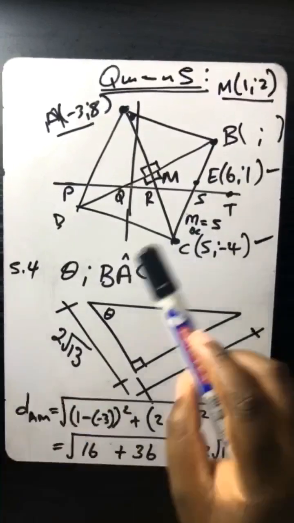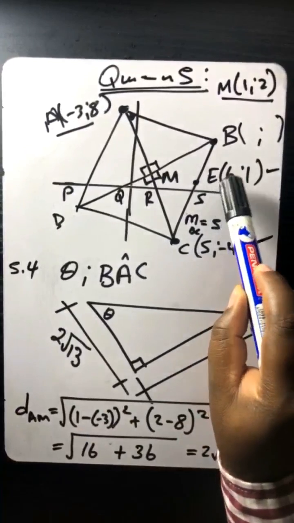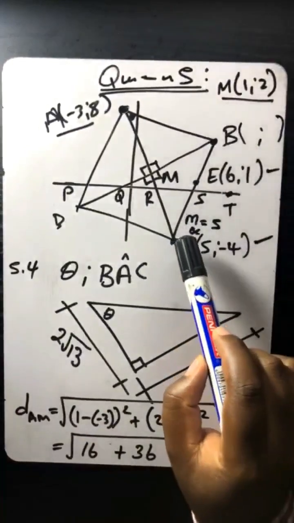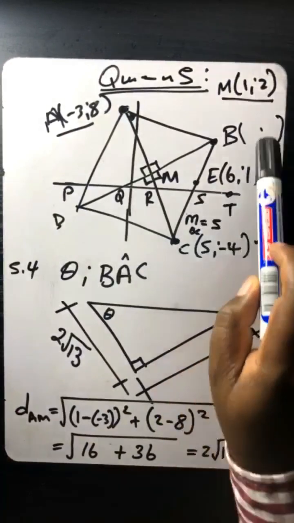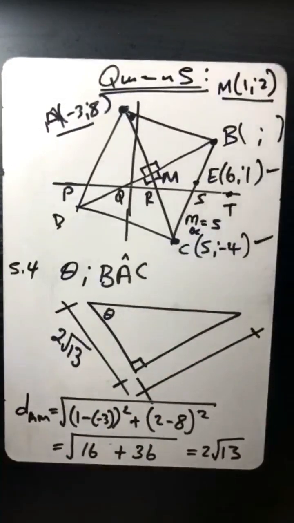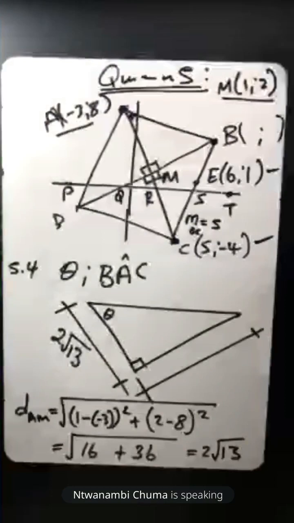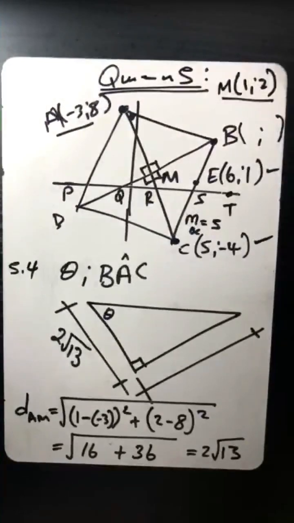But the question is, this E, is it the midpoint of BC, where we can use the midpoint formula to calculate B? Did they tell us in the statement if E is the midpoint? No, they just said it lies on.